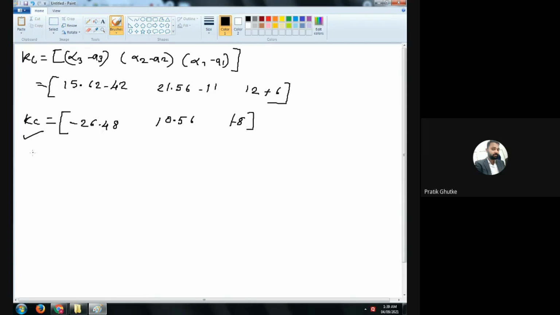As usual, QC, that is the controllability matrix. How to find out controllability according to Gilbert? B, AB, A square B. To check the controllability, that QC matrix should not be equal to 0. Then I can say that my system is completely controllable.